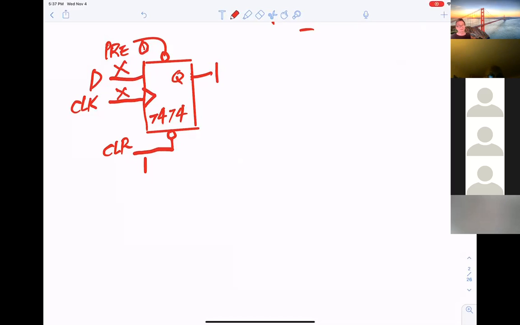Do you follow that? Okay, now you apply the preset 0, Q is supposed to be 1. If not 1, then tell me what you know how to do to fix the problem.